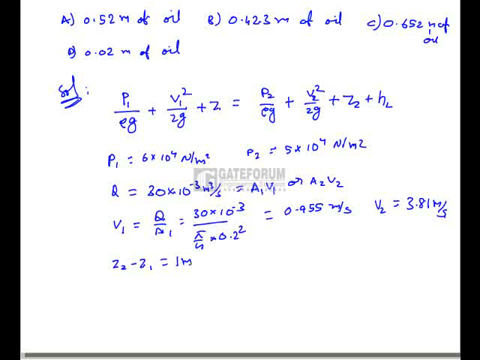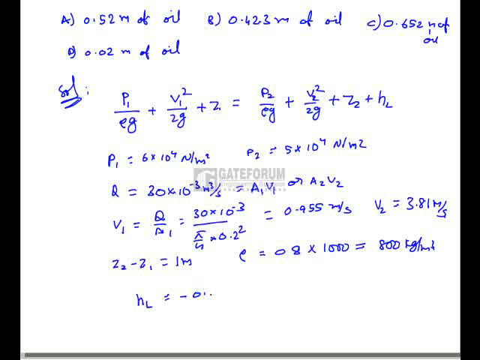Now substitute all the values in the given equation, and here we have to find the density of the oil. Density of the oil is equal to the specific gravity of the oil, 0.8, times the standard fluid density, 1000, which gives 800 kg per meter cube. Now substituting all the values in the equation, we get the head loss equal to 0.423.